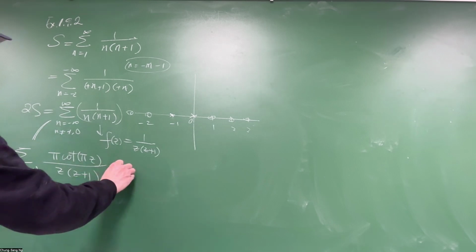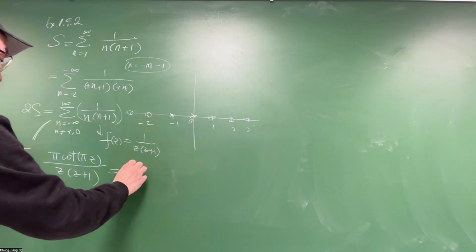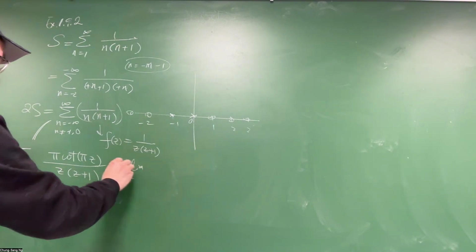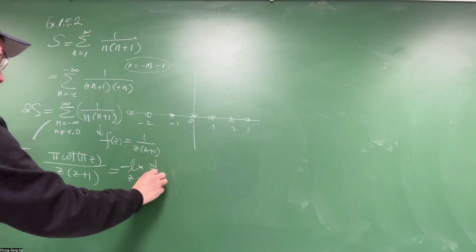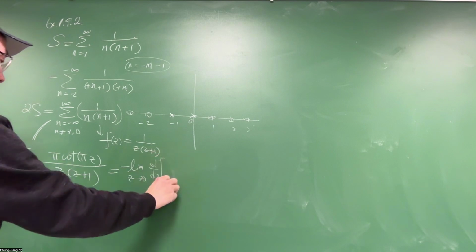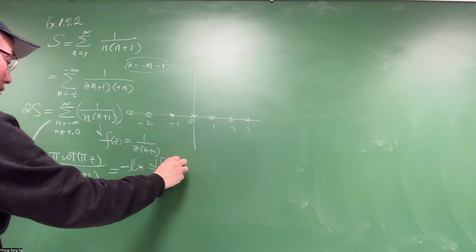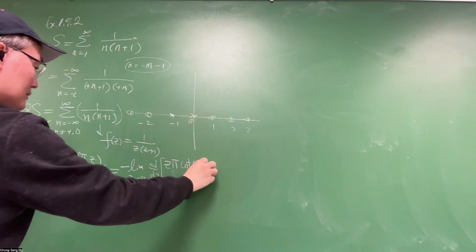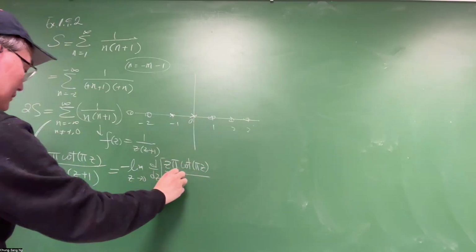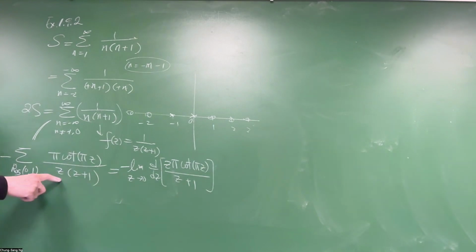So there are two terms. One is the limit as z goes to 0 of d/dz of, multiplying by z squared, so z times pi cotangent of pi z over z plus 1. So that's the pole at z equals 0.